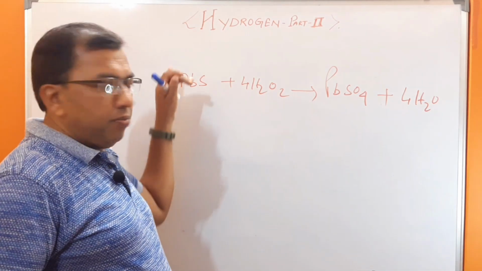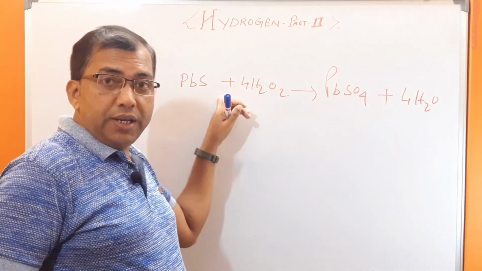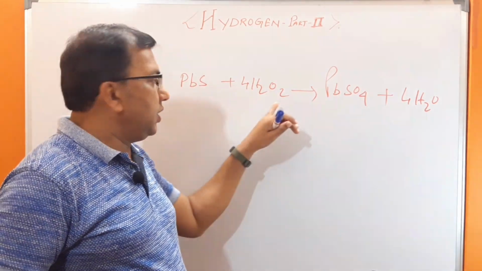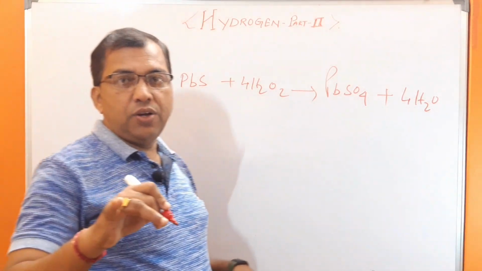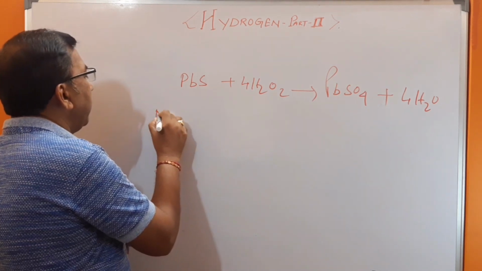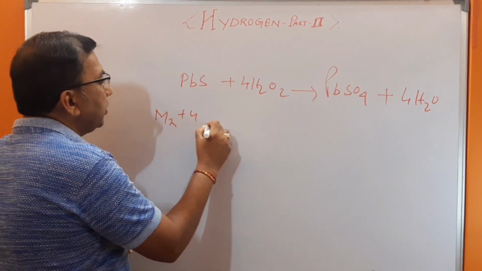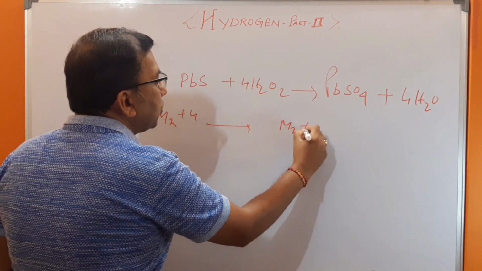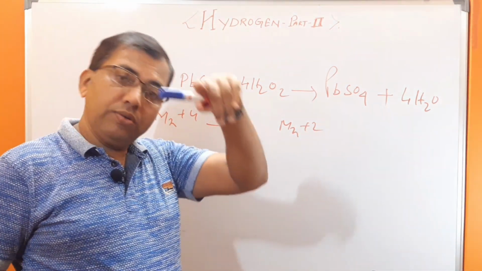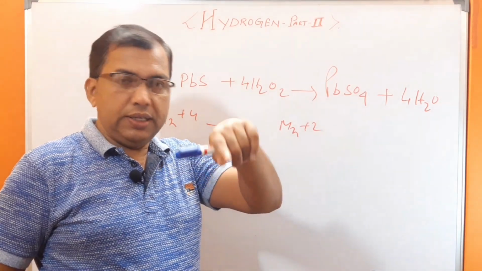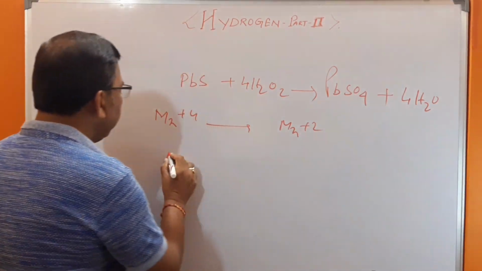It is the oxidation of PbS to PbSO4, in acidic medium. Clear? Then reduction of Mn plus 4 to Mn plus 2. This is reduction. I am giving the example of MnO2 with H2O2.